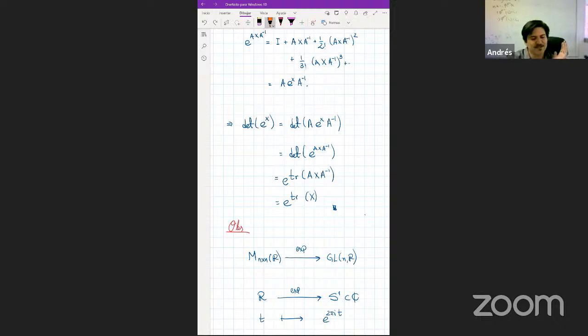Like this, the exponential more or less is going from a linear problem to a non-linear problem, because this is the tangent at the identity. And it is the usual drawing that we have from calculus.